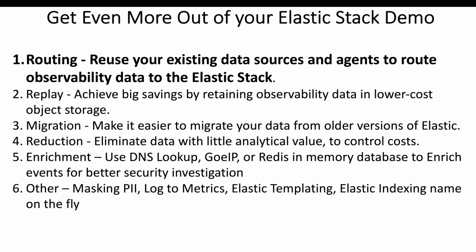The first use case I'm going to cover is routing, and this is Cribl LogStream's ability to reuse your existing data sources and agents to route your observability data to Elastic Stack.